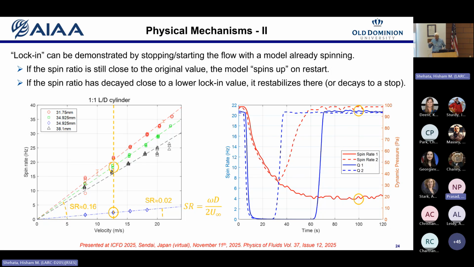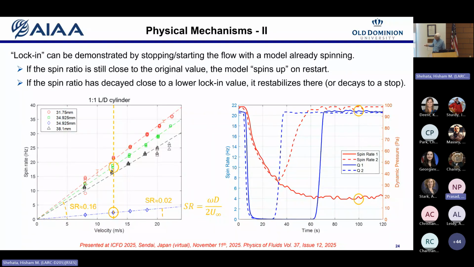You remove the flow, it begins to just decay through natural damping, but rather slowly. It takes 30 seconds or more to come halfway down. If you then restart the tunnel, which was the dotted line, the spin frequency picks right up again and goes back to where it was before. So it really is locked into the flow.